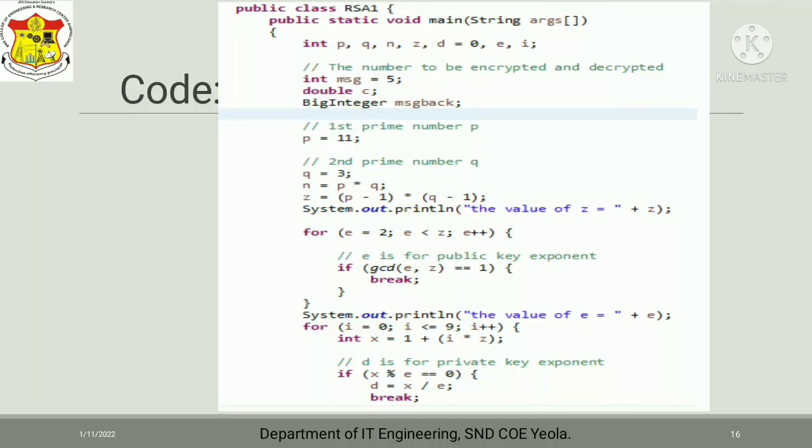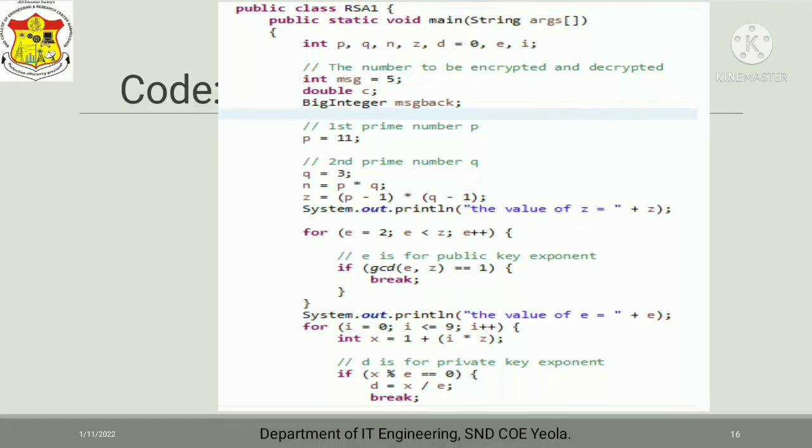We will take first for loop, that is e is equal to 2, e is less than z and e plus plus, which calculates the value of GCD of two numbers, that is e and z should be equal to 1. In next line, print the value of e, that is public key.